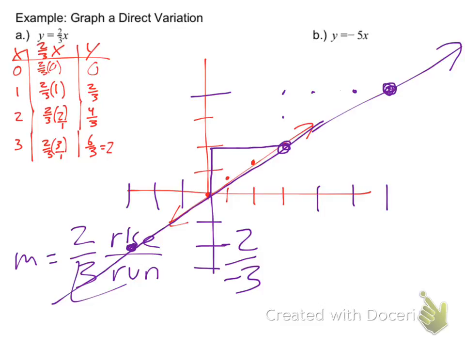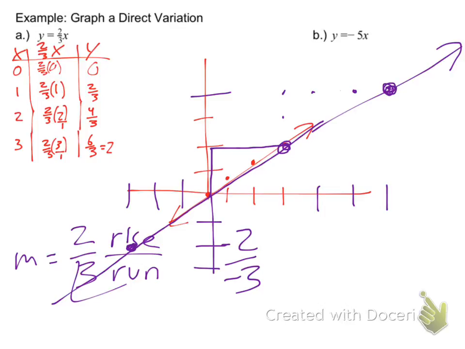Guys, I want it once in the forward direction, which means moving to the right, and once going in the reverse direction, moving to the left. So that way I see you use slope twice. 2 points form a line. The third point is like that extra check to say, am I actually following the right pattern? Okay?